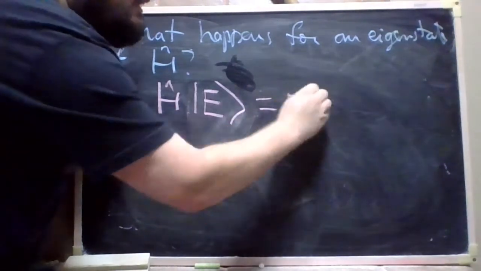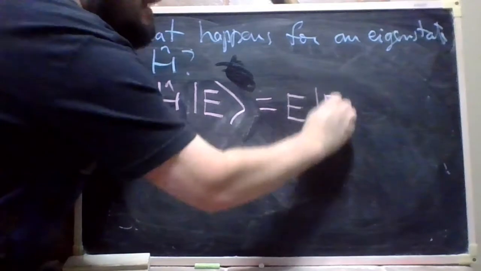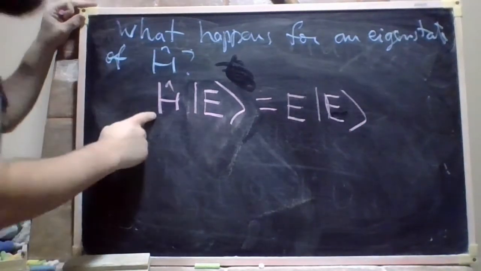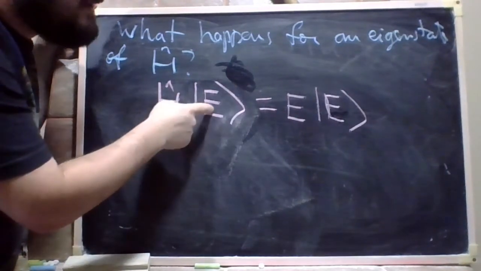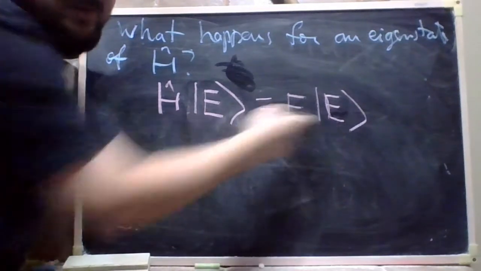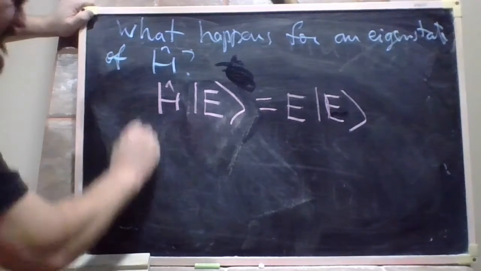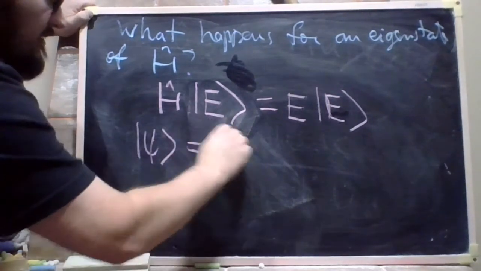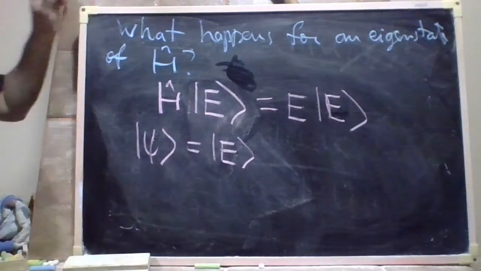It produces the eigenvalue and repeats the eigenvector, right? For an eigenstate of the Hamiltonian, when you apply the Hamiltonian to an eigenstate of energy, it gives you the eigenvalue and repeats the eigenstate, the eigenvector. So if I put psi equal to that, a given eigenstate of energy, what happens?